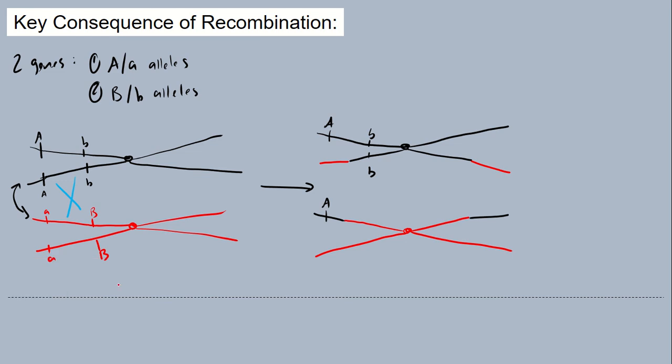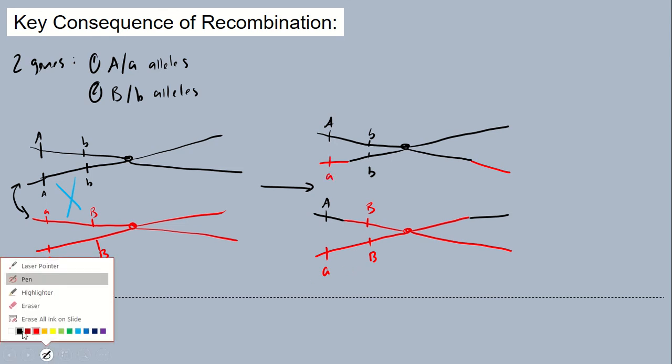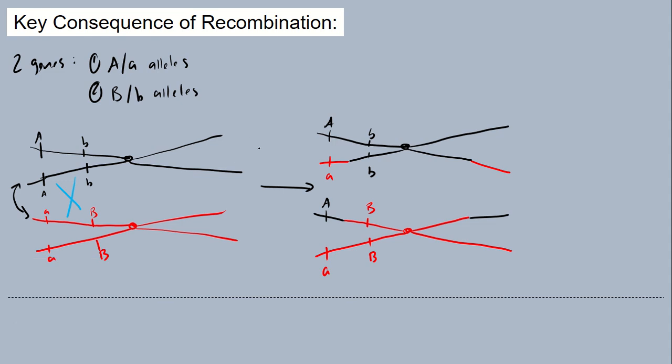On the red homolog, we still have capital B, those haven't moved. This bottom one still encodes the lowercase a allele, but the lowercase a allele from the other one has now moved up here. So the genotype for both of these chromosomes is uppercase A, lowercase b, and the genotype for both of these is lowercase a, uppercase B.